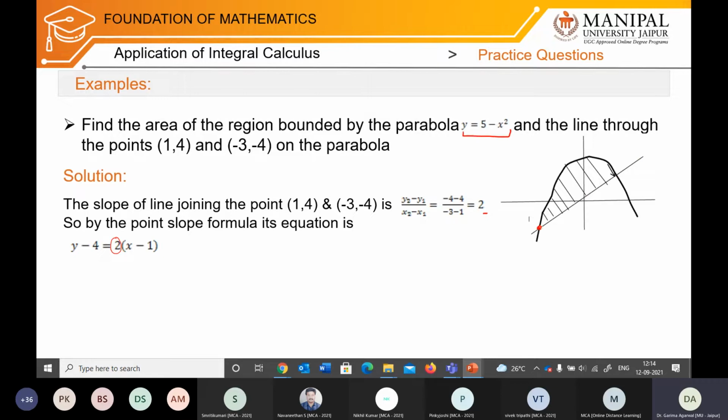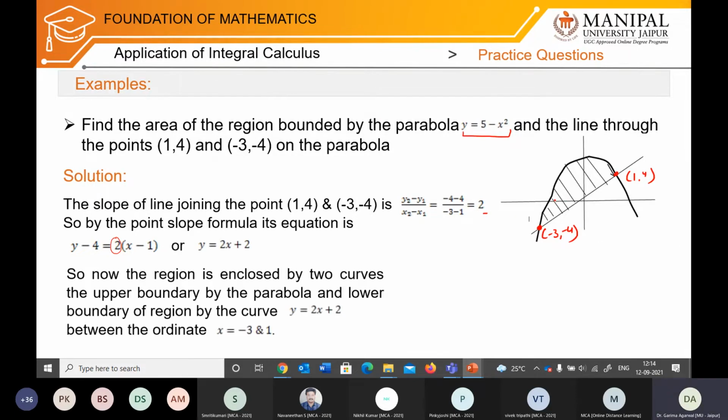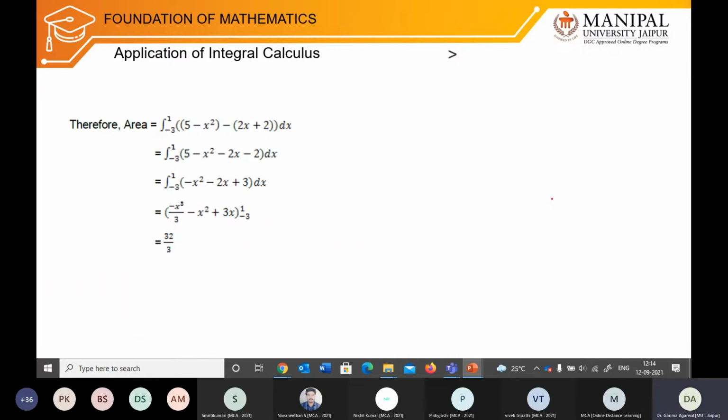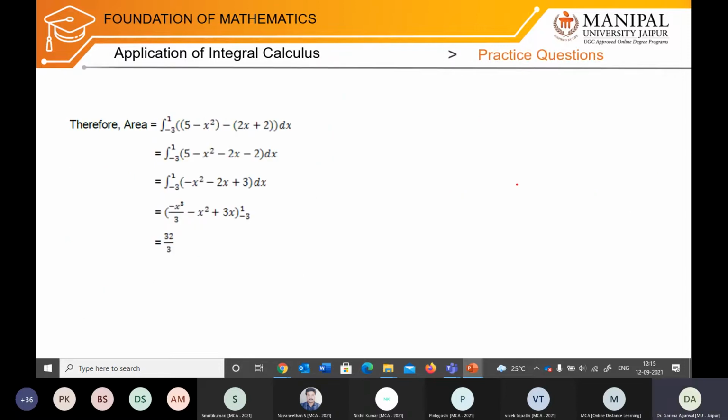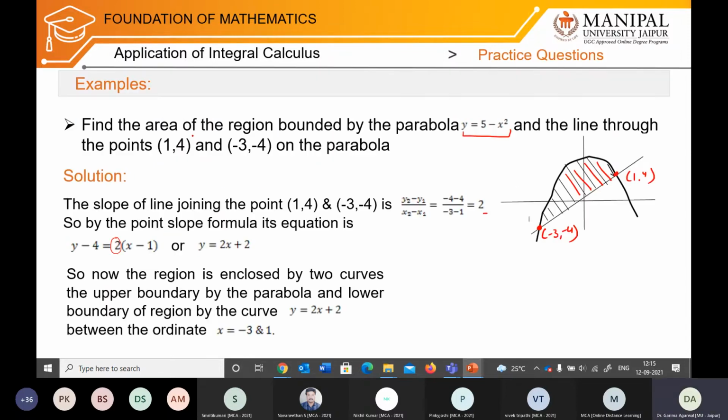Now these are two intersection points, right? And the coordinates are 1, 4 and minus 3, minus 4. Then I need to find the area between these curves. So it will be again the first curve minus the second curve, right?